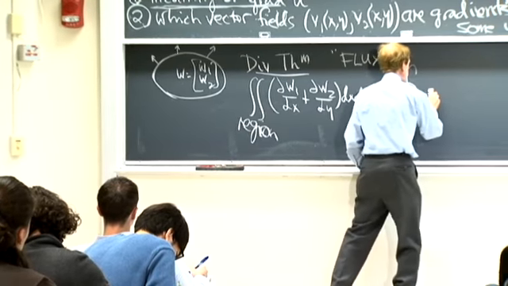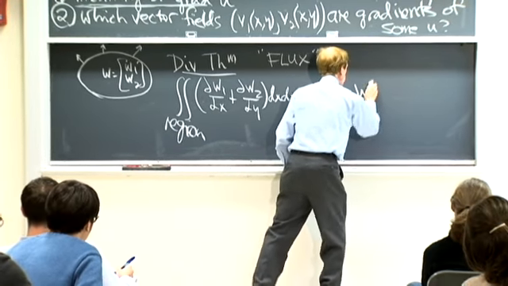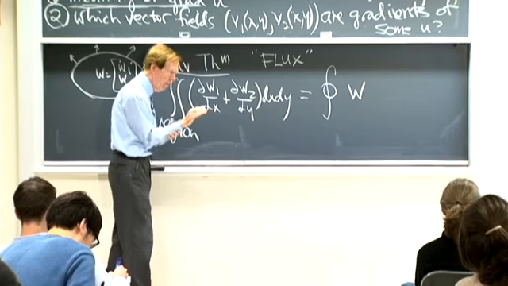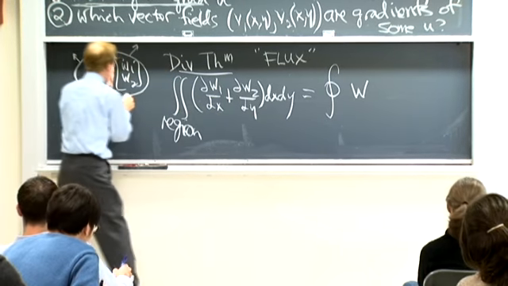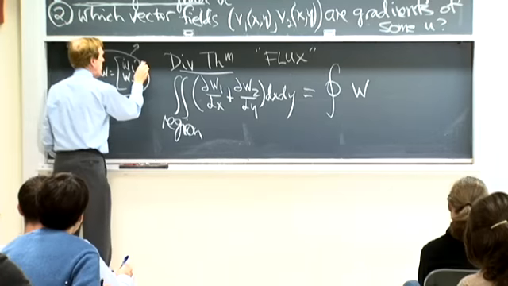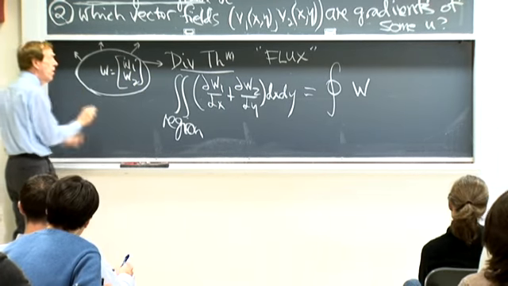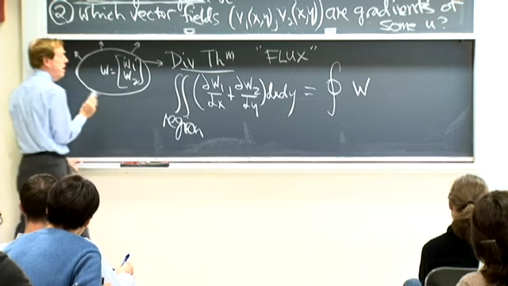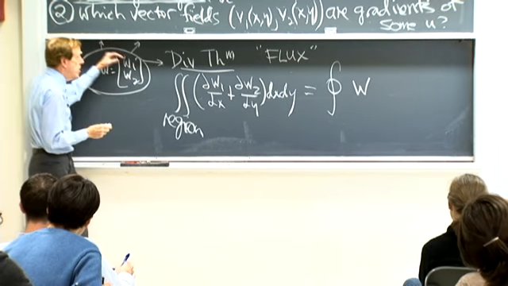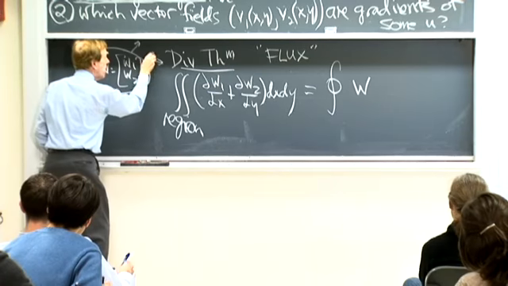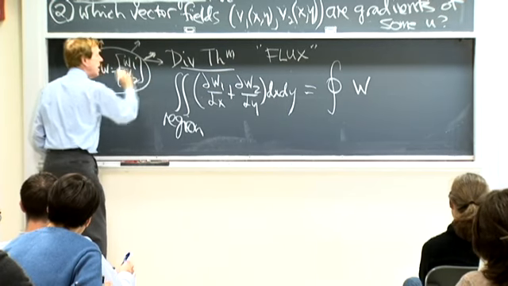In vector notation, W tells me the flow, but flow outward. Suppose W points that way. Then the actual flow out is not all that, because a lot of that is just going sideways. It's this part. It's the flow perpendicular to the boundary.